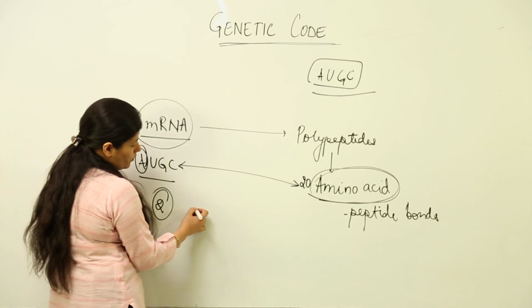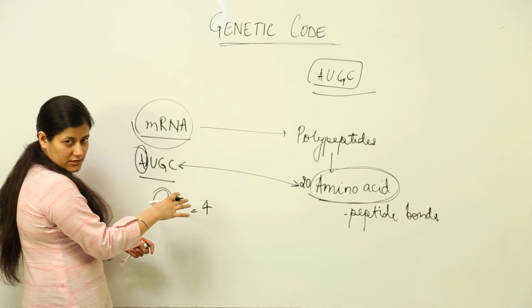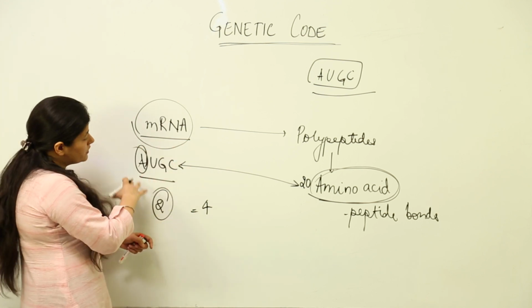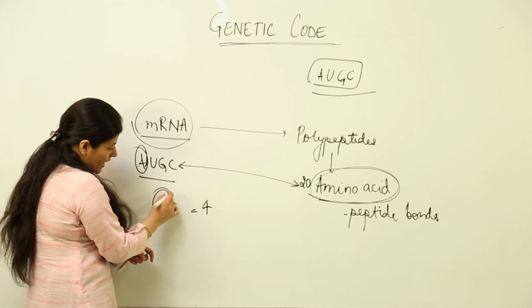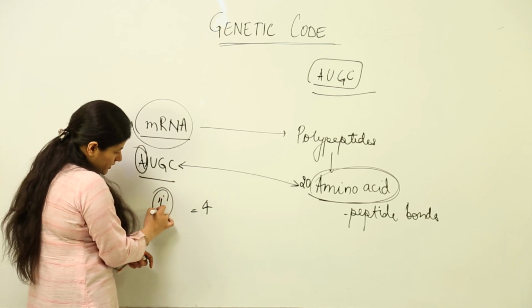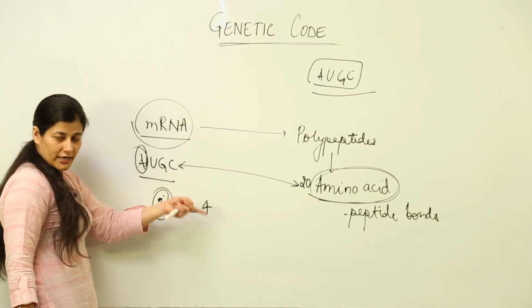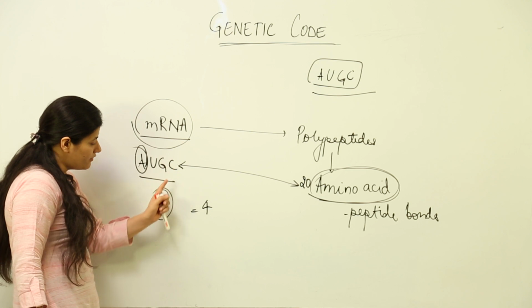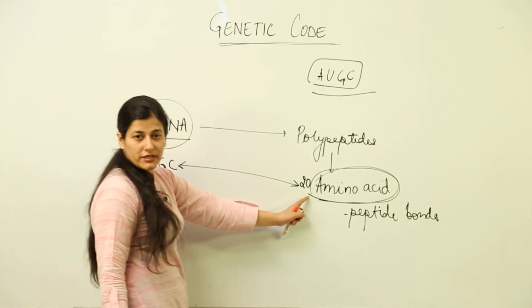If a single nucleotide coded for one amino acid, that is not possible, because there would be only 4 probabilities, as there are 4 nucleotides or 4 biomolecules that we have. So, there is possibility of only 4, but we are seeking 20 amino acids.